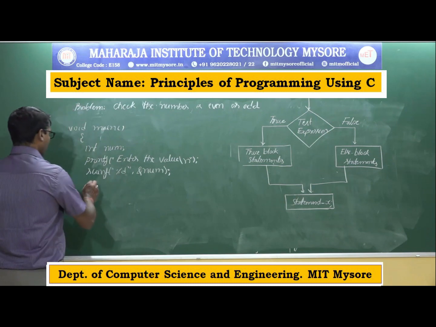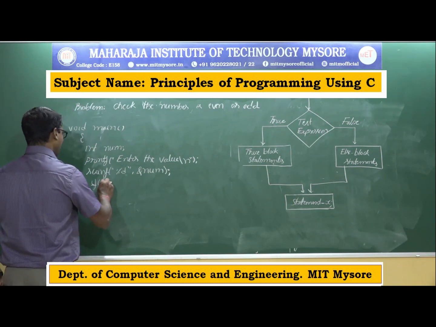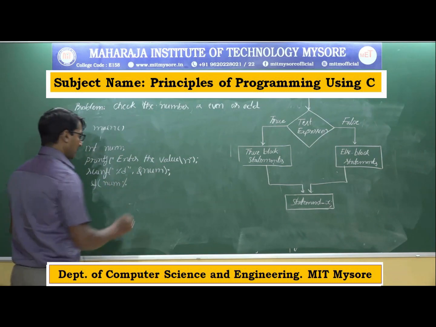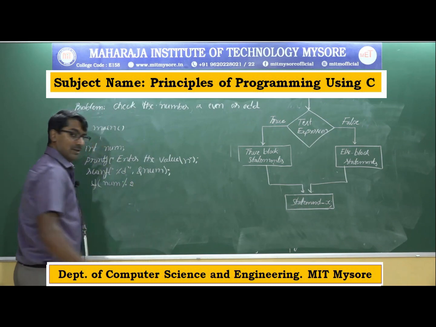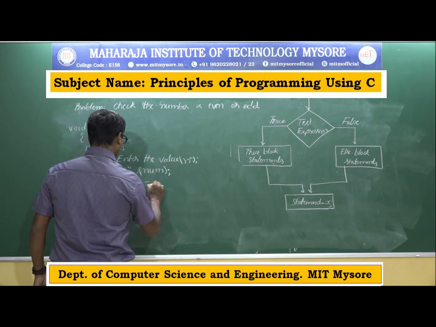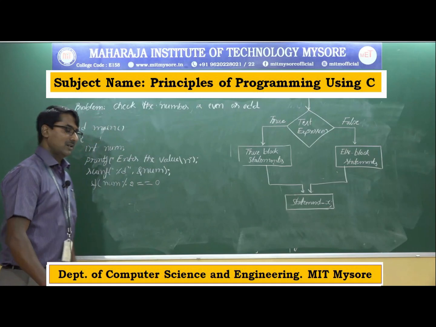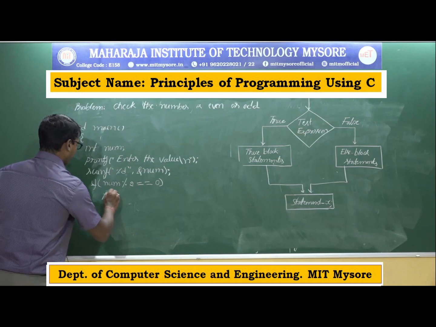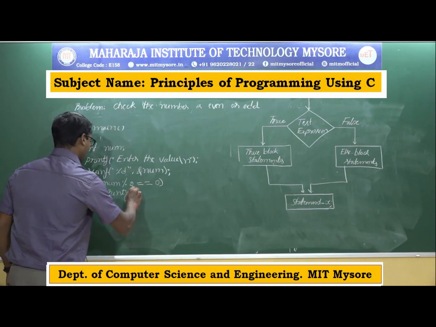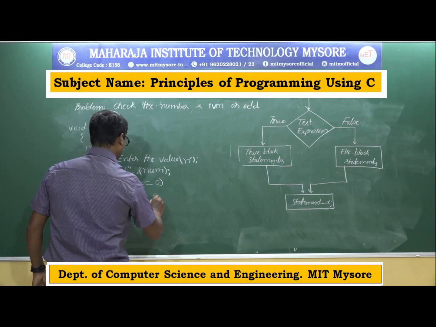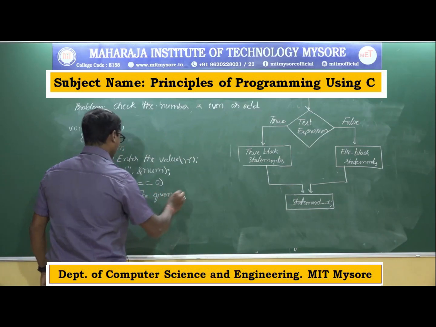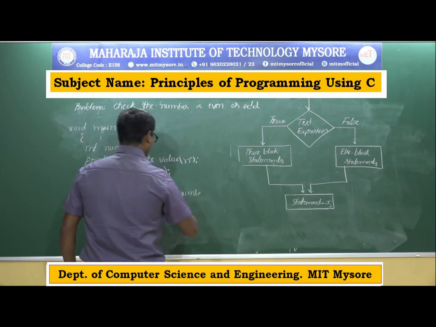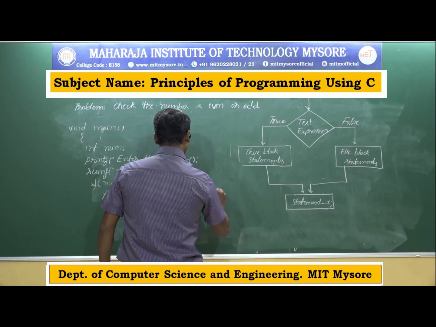So, here I put a condition. The condition is num modulus 2 is equal to 0. Then printf "given number is even number".